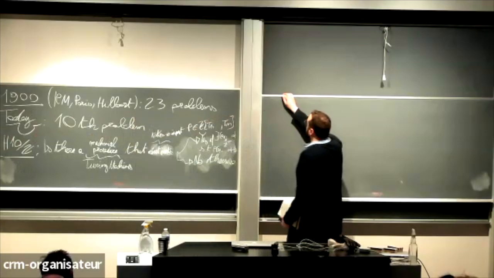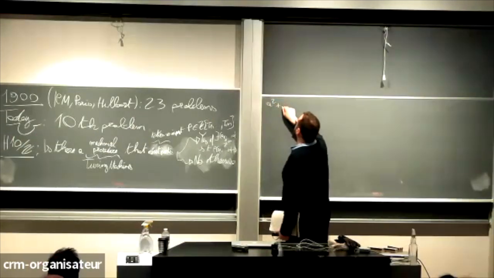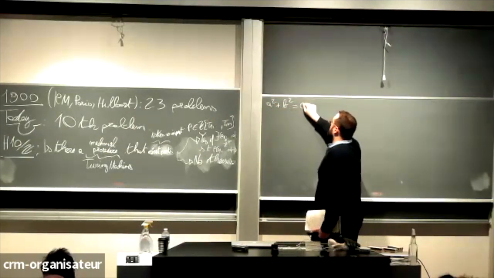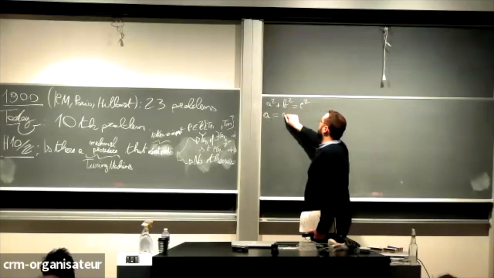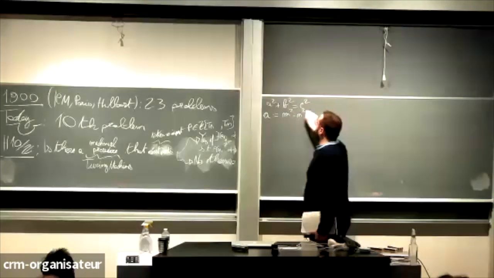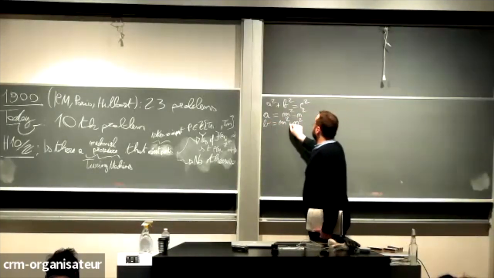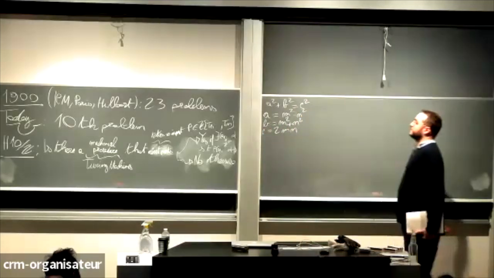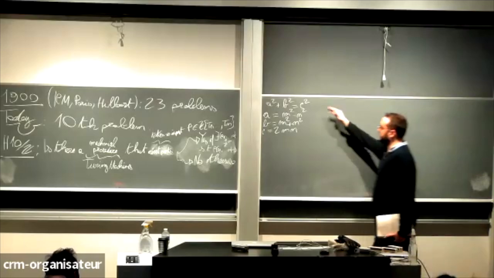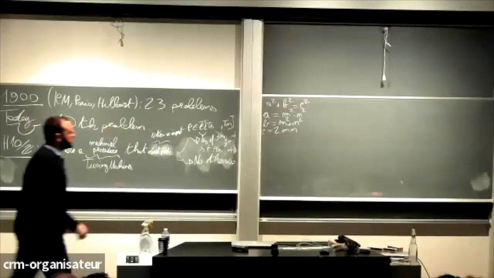If you have never seen this, here are a few examples. The first nonlinear example is perhaps the Pythagorean triples, where you have a completely parameterized set of solutions that look like this, and c is 2 times mn. This is the entire set of solutions, so it's an infinite set, even up to scaling, and it's completely understood.